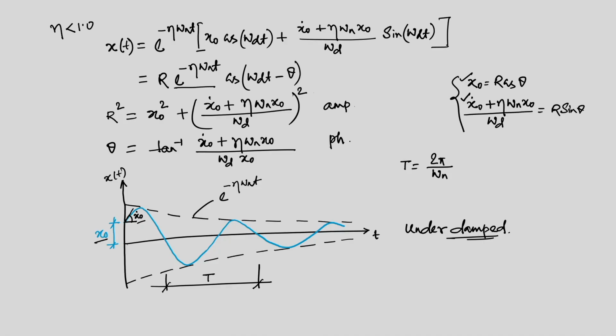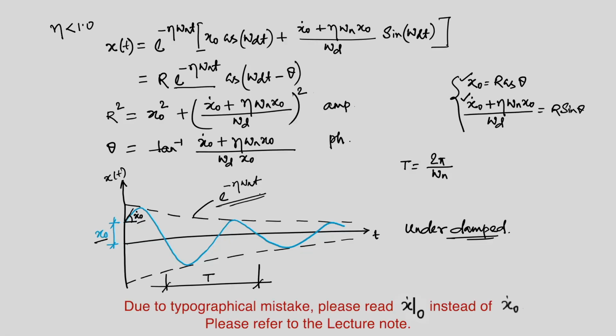The system will start vibrating, but because of the damping, as time progresses it will have an exponentially decaying nature. And then if you look at t tends to infinity, because of this exponentially decaying nature of the damping, it will bring the solution back to 0. And that is what we also experience in day to day life, wherever we have a vibration.